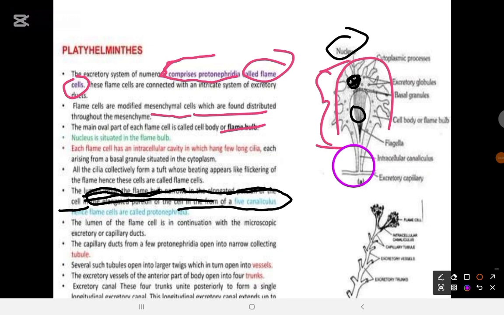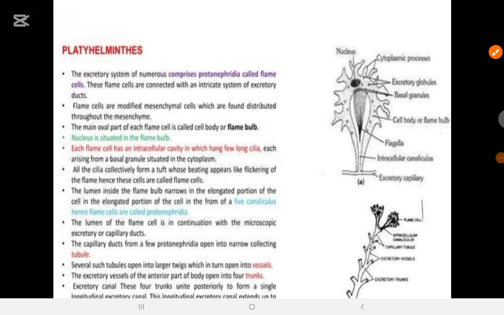Okay, the collecting tubule is where the excretory product finally ends before it is taken out of the body. Several such tubules open into a larger twig. So this is a larger twig in which they open. They open into this tube here.